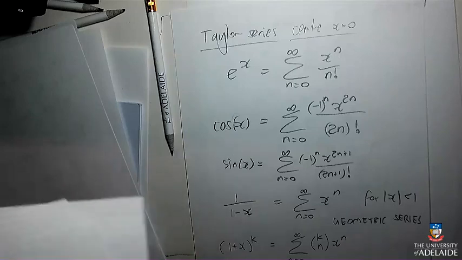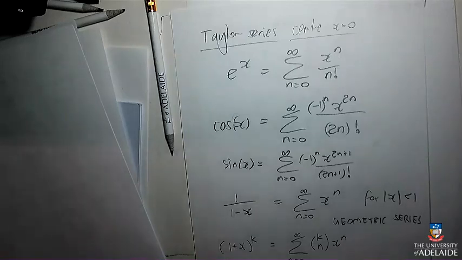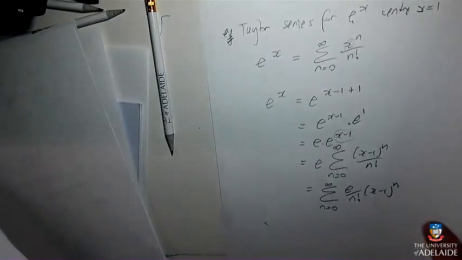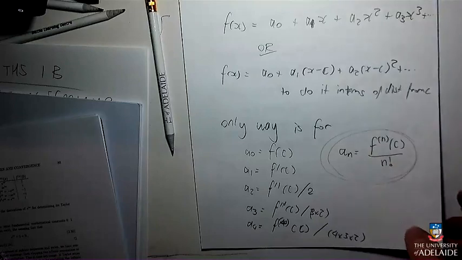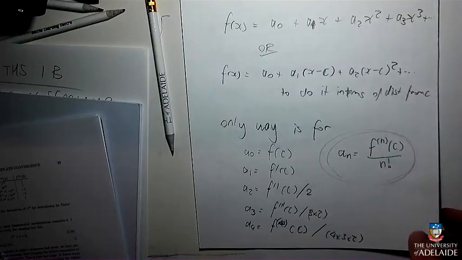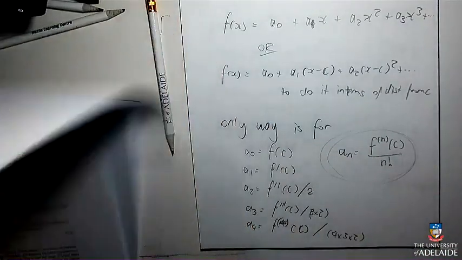I mean, if they say derive this, then you have to do all the derivatives. But if they say what is it, you can just write it down. Okay. Sweet. That was Taylor series.